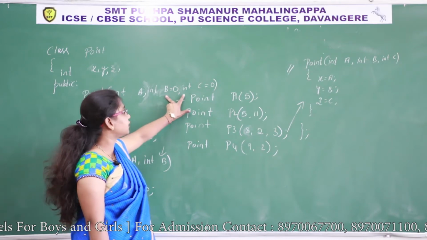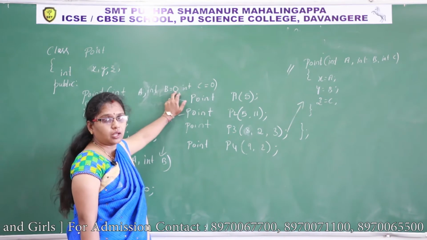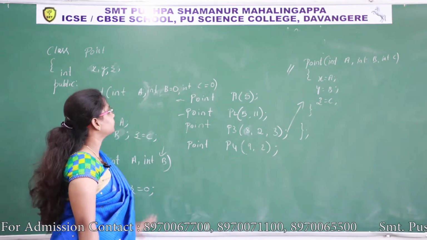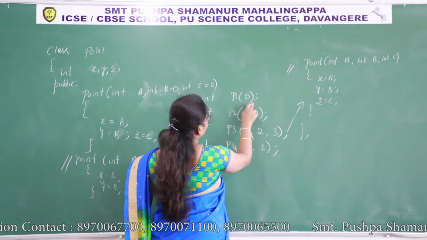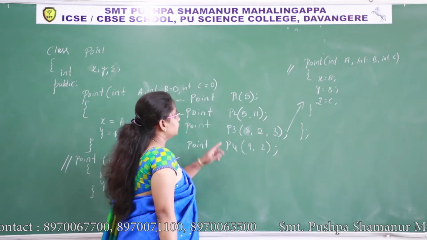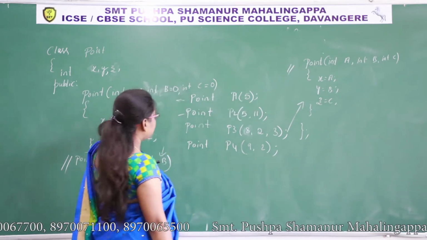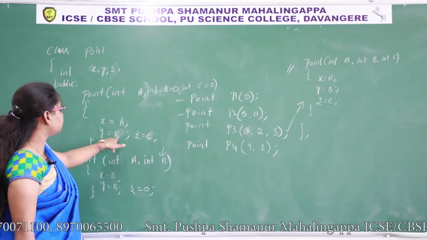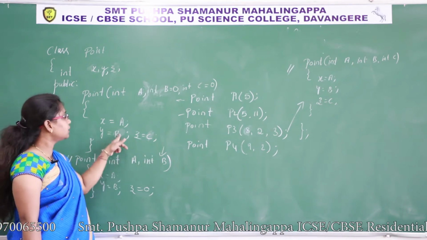B and C are the default arguments. 0 is the default value. Which value you want to set as the default value is left to you. Now, when this object is created, there is only one parameter and this parameter goes to A and the remaining 2 will be assigned the value 0. The y is 0 and z is 0. So it gets the default value.